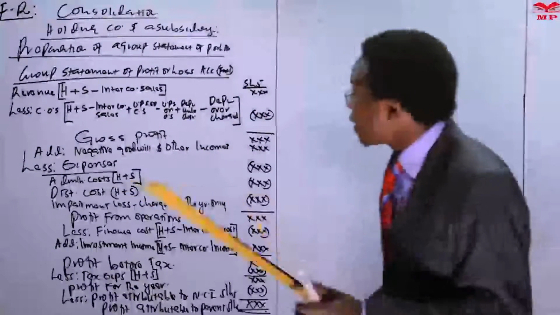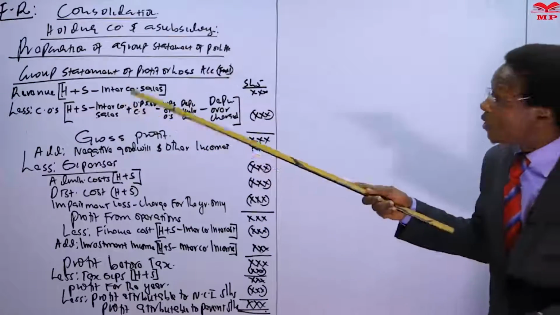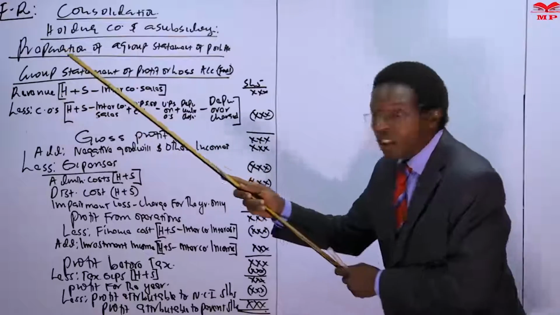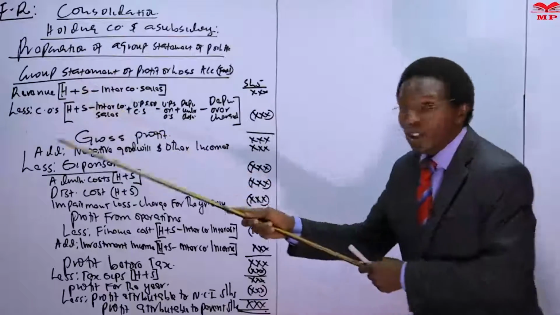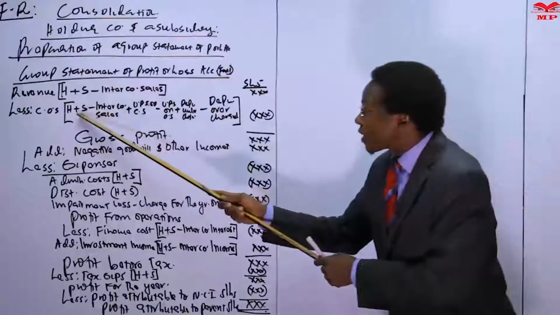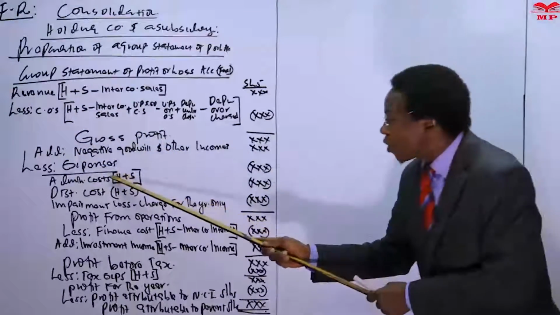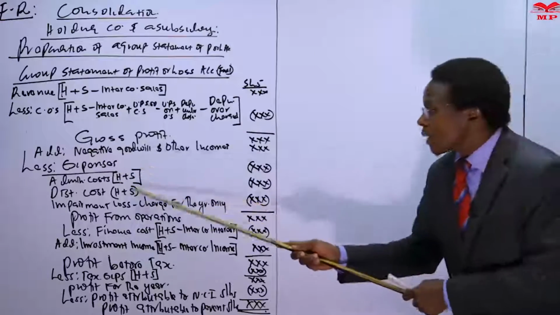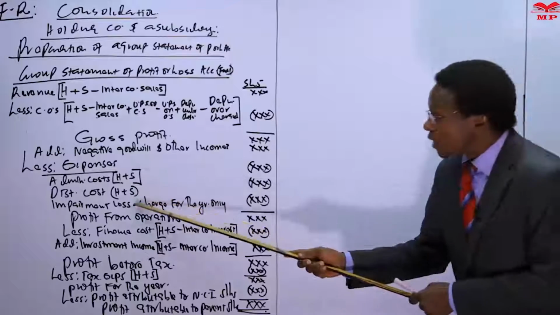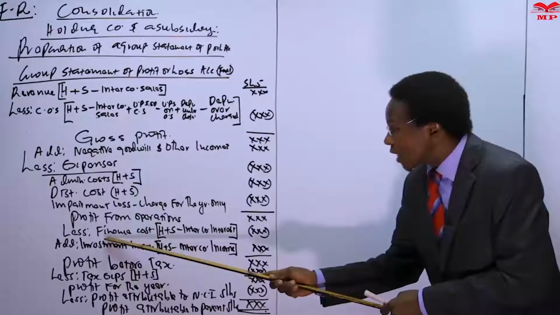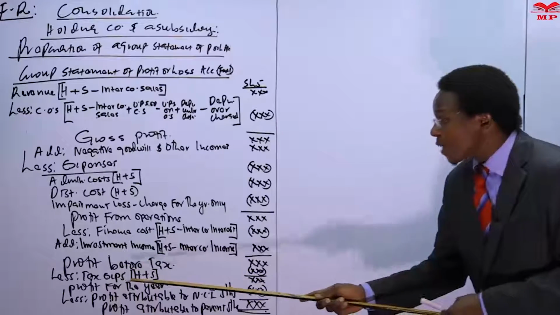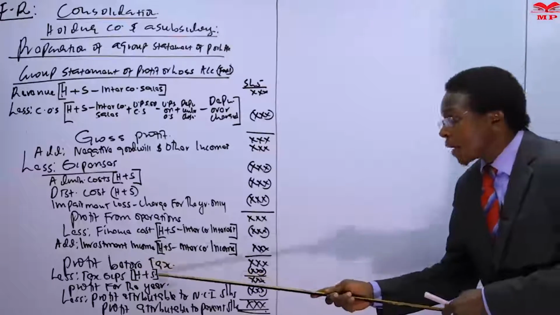What we have done in this format is that we have just simply added the revenue of H plus the revenue of the subsidiary. The cost of sales of the holding company, the cost of sales of the subsidiary. Admin expense of the holding company, admin expense of the subsidiary. Distribution cost of the holding company, distribution cost of the subsidiary. Then we have also taken the finance cost of the holding company plus the subsidiary. The tax expense, the one for the holding company plus the subsidiary.